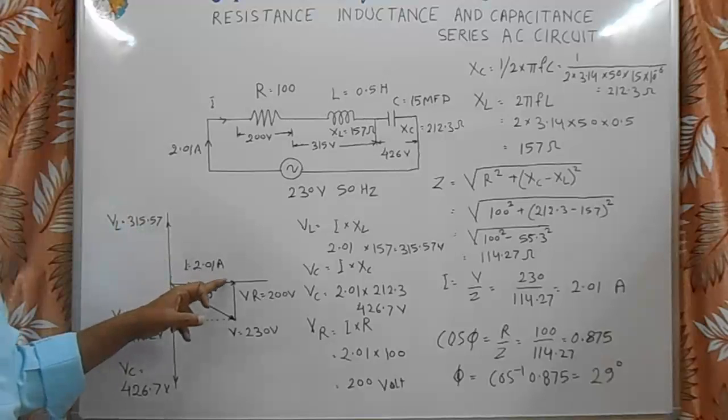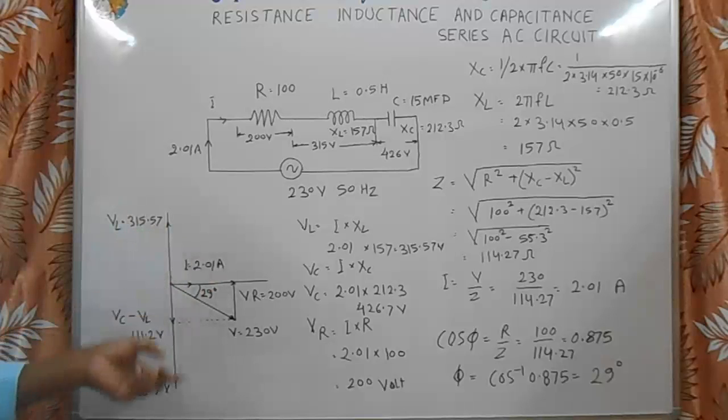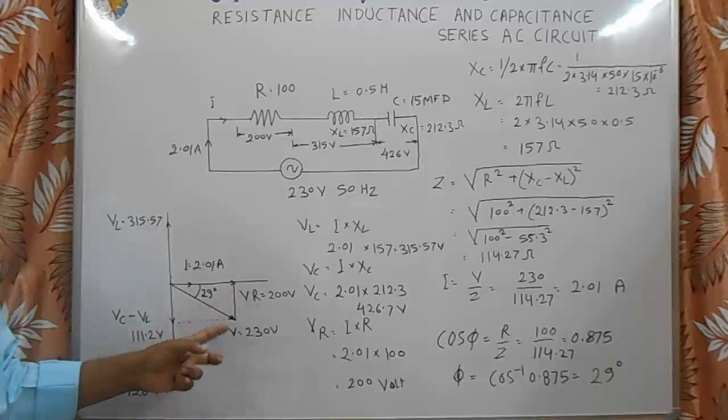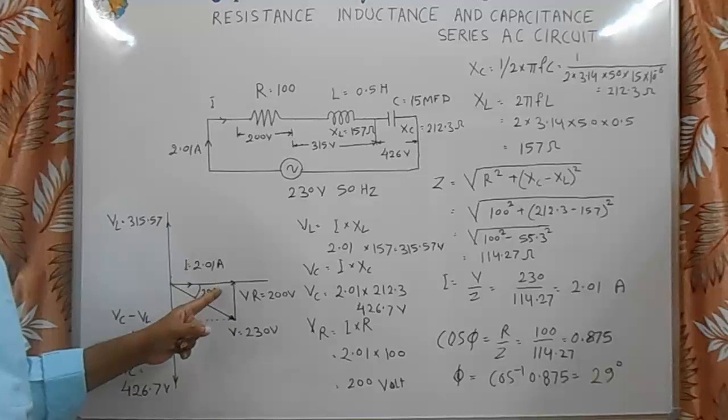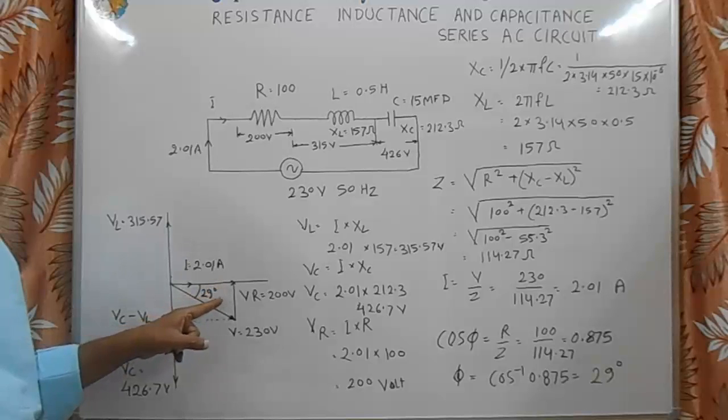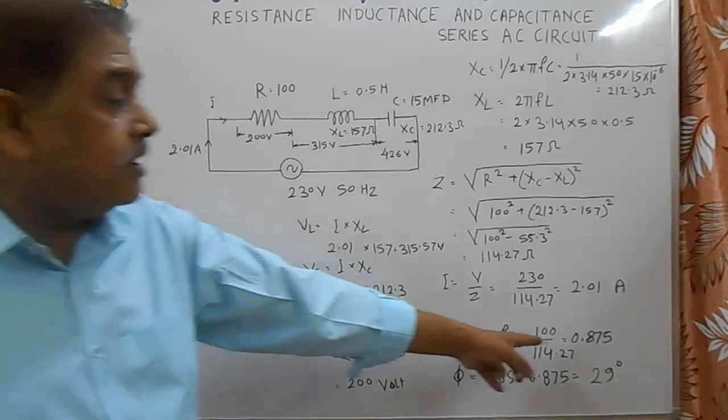Means current is lagging and voltage is leading. So with these three voltages VL, VC and VR, the resultant voltage is V volt, and this is the current 2.01 ampere. It is the angle between current and voltage. This is also known as the power factor angle. So cos 29 degrees is the power factor, that is 0.875.